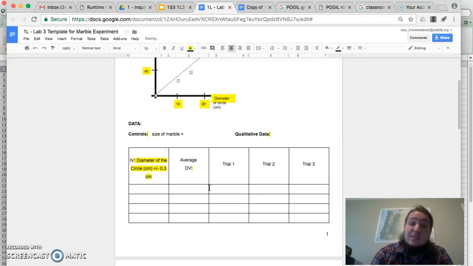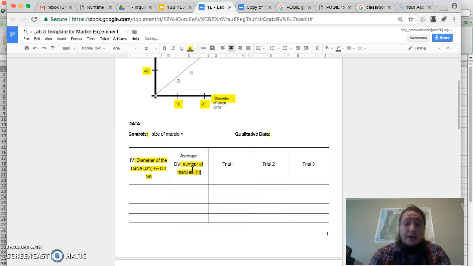I think the slide says 0.5. Either way works, but we really want to make sure we're getting as accurate as possible and that all of our measurements for the diameter aren't more than plus or minus 0.3, because that's the uncertainty that we're shooting for.